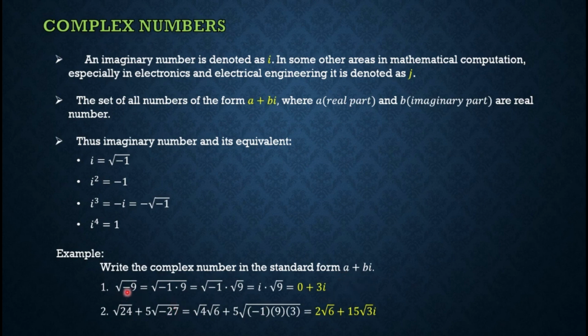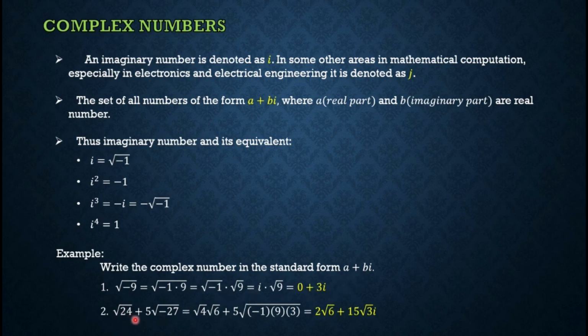So, the square root of negative 9 is equal to the square root of negative 1 times 9, where square root of negative 1 is equal to i. So, i times square root of 9 is equal to 0 plus 3i. So, we write it in the standard form a plus bi.